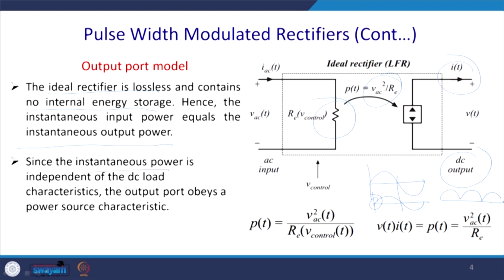Since the instantaneous power is independent of the DC load characteristics, the output port obeys power source characteristics, and ultimately this power is given by V_AC square by R_E(control), or v(t) into i(t) equal to p(t), that is given by V_AC square by R_E, where R_E is a voltage controlled resistance.